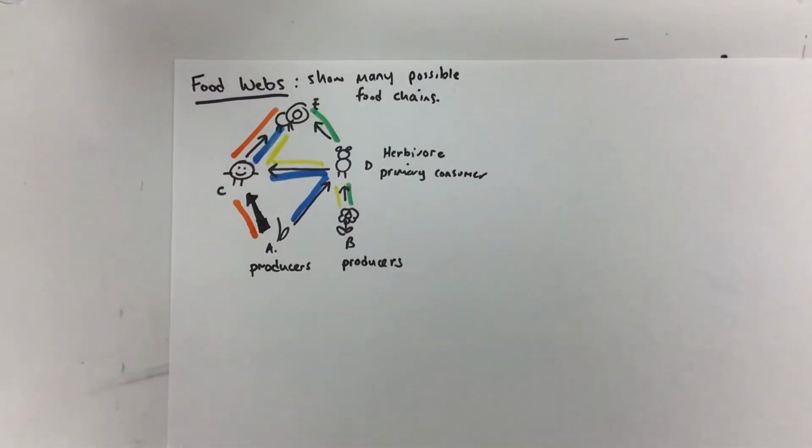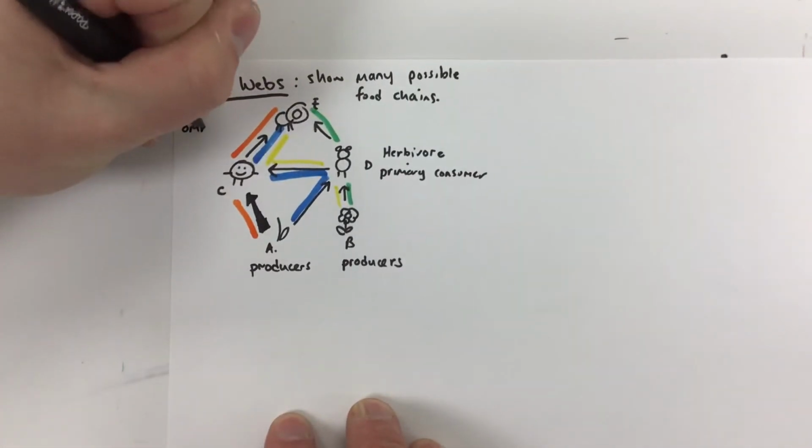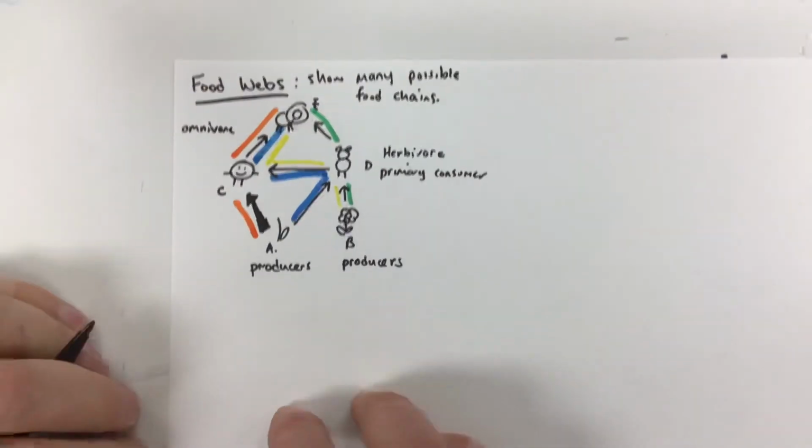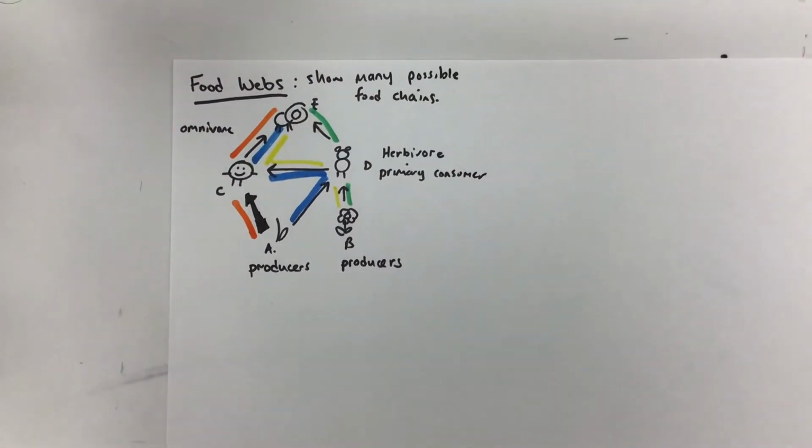How about C? C is hard. First of all, what is he? Herbivore, omnivore, carnivore? He's both, so that's what? Omnivore. Okay, so is he then a primary consumer or a secondary consumer or a top-level consumer? Second, primary?